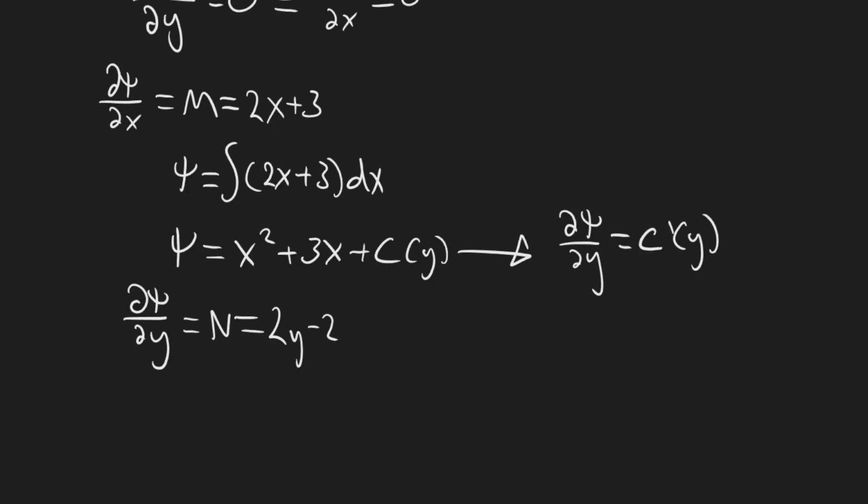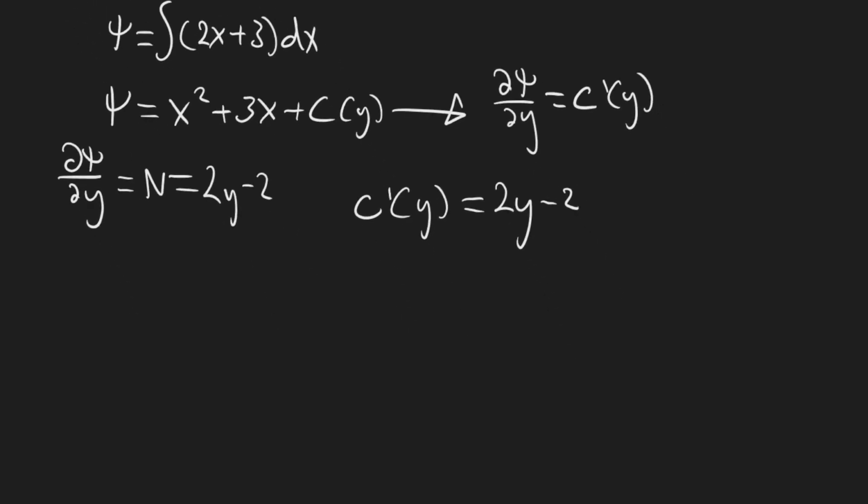And that means that setting these two equations equal to each other, that c prime of y must equal 2y minus 2. So another way of writing c prime of y is dc of y dy. So we can write dc dy equals 2y minus 2. We can multiply both sides by dy.